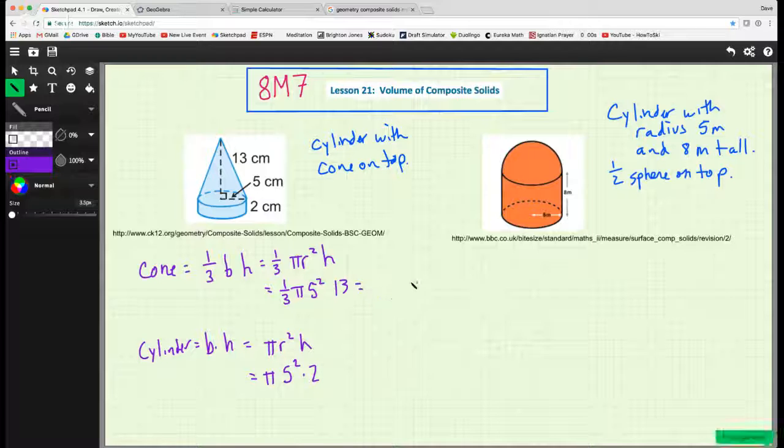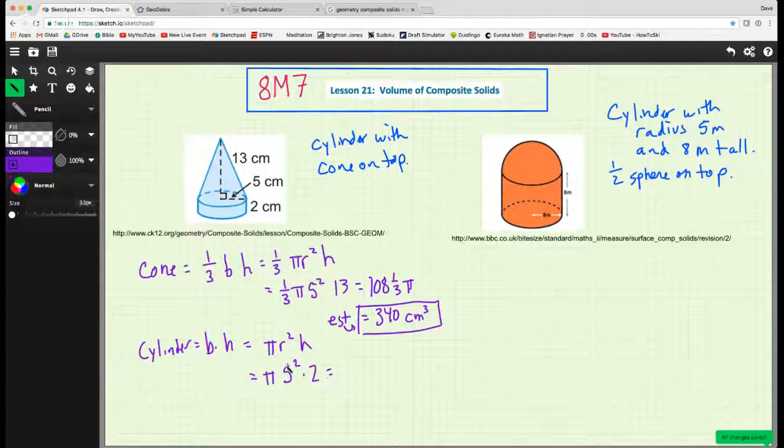So if we multiply that out, we get 25 times 13 divided by 3, 108 1/3 pi. And if we want to estimate that, it comes in around 340. That's my estimate. We'll call that EST.